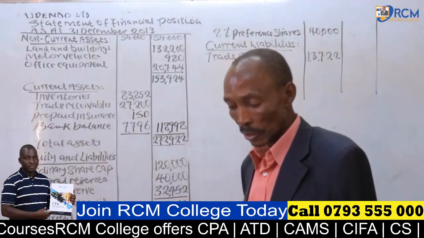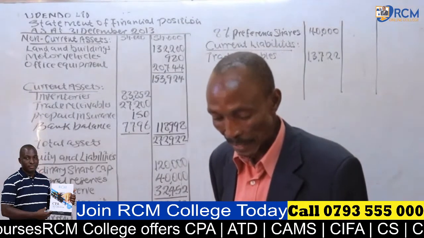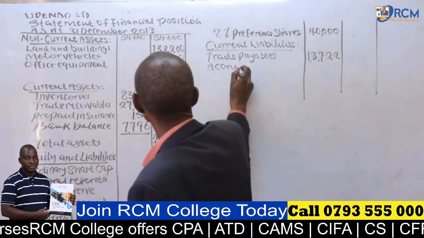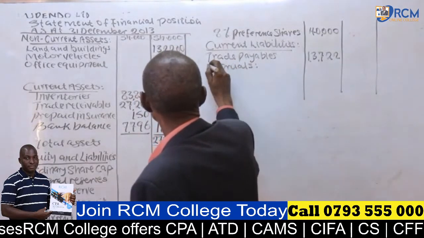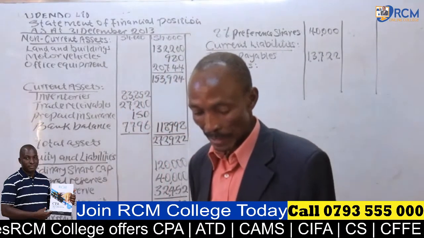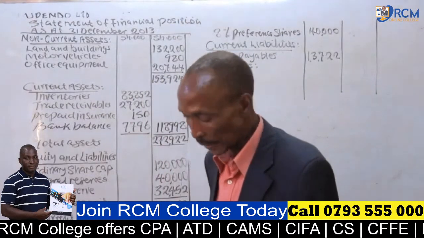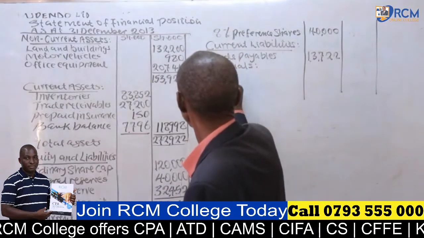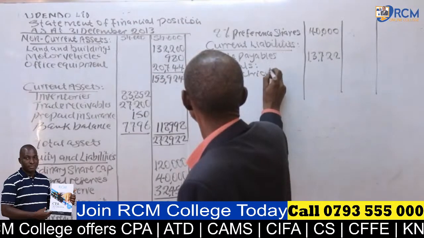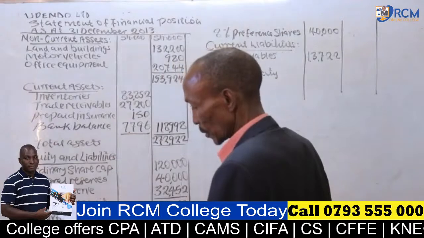We have a whole lot of other liabilities here, which are accruals. So here we say accruals or accrued expenses. Then you list those accruals. One of the accruals has to do with electricity. The amount of electricity accrued is 548.